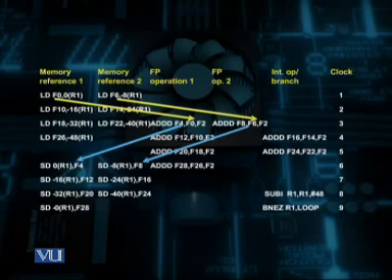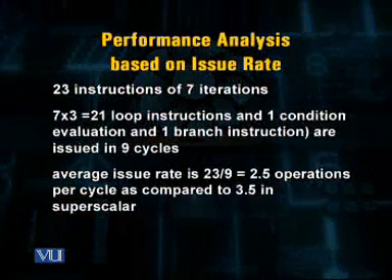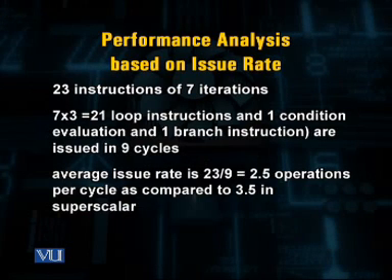Then at the end of 7th iteration, the loop evaluation instruction is there, and then there is a branch instruction. Hence, all these 21 plus 2 condition evaluation and branch instruction resulting in 23 instructions which have been issued in 9 clock cycles. This results in the average issue rate of 23 divided by 9, which is approximately equal to 2.5.